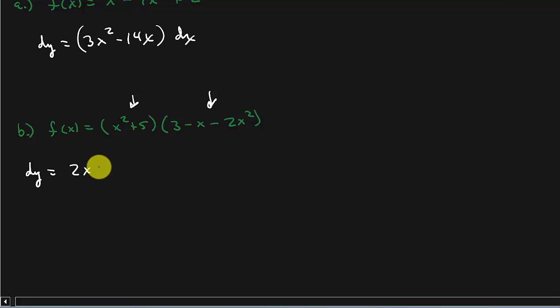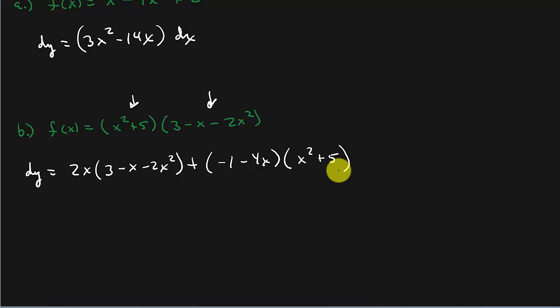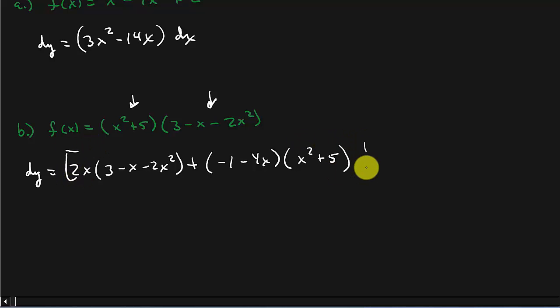So it's the derivative of the first function times the second function, plus the derivative of the second function, which is negative 1 minus 4x, times x squared plus 5. And then this would be times dx.